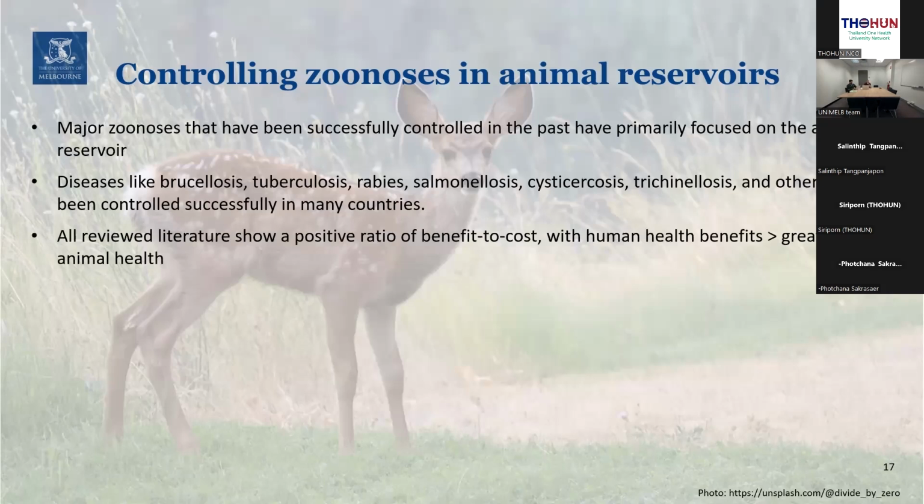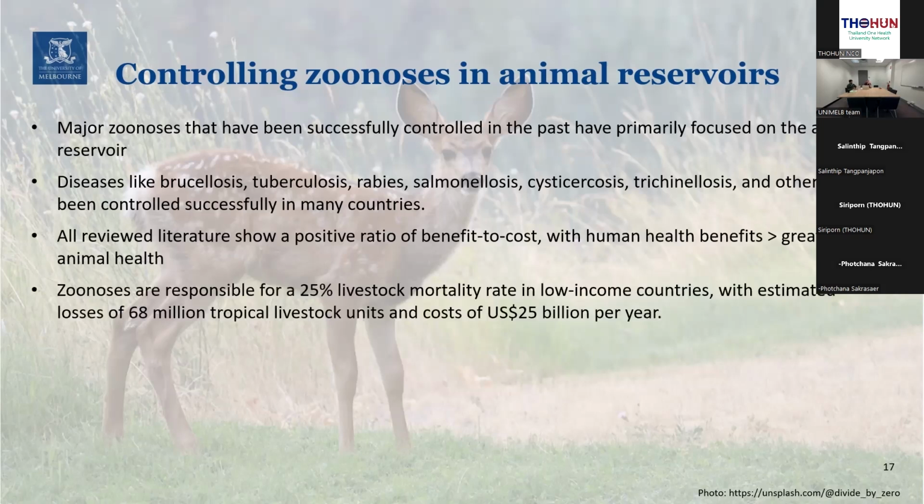So the other reviewed literature that she has identified in this study show a positive benefit to cost, with human health benefits usually being greater than animal health. So that's to say whenever you control in an animal reservoir, it's always worth it. The returns are always greater than the cost of the programs.